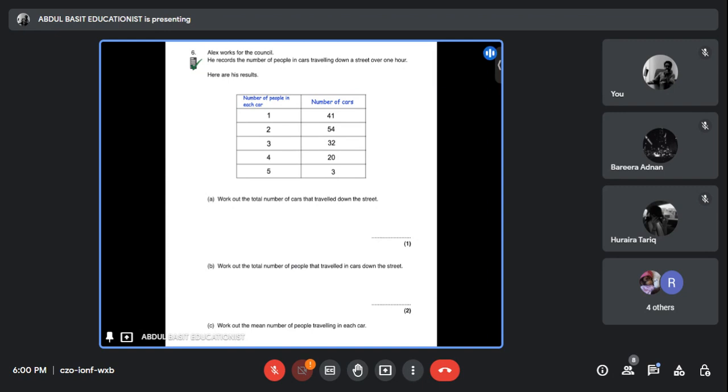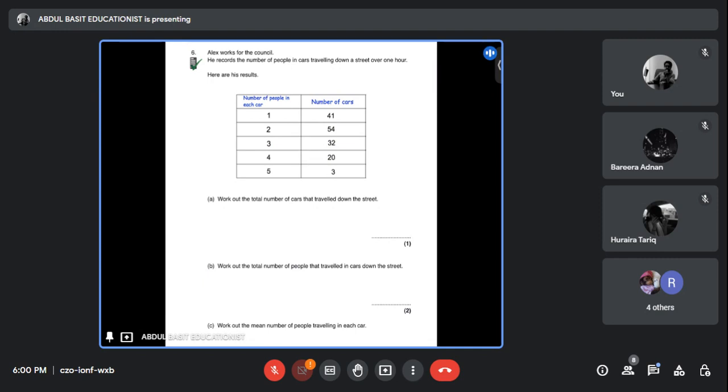And 54 cars have two persons in them, and 32 cars have three persons in them. Agree? And 20 cars have 4 in them, and 3 cars are fully occupied, which is the maximum, 5. Agree? Work out the total number of cars that traveled down the street.